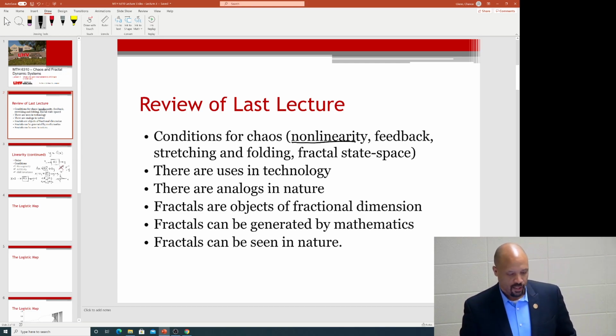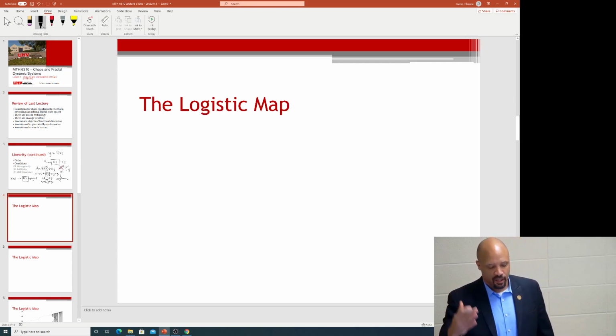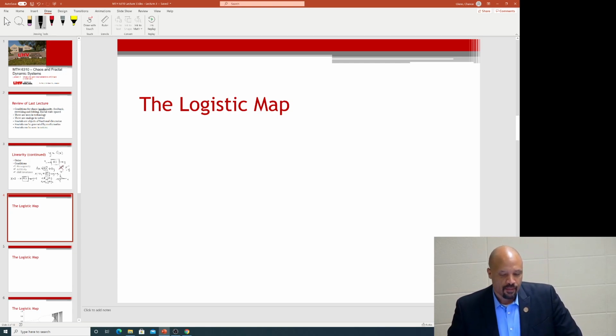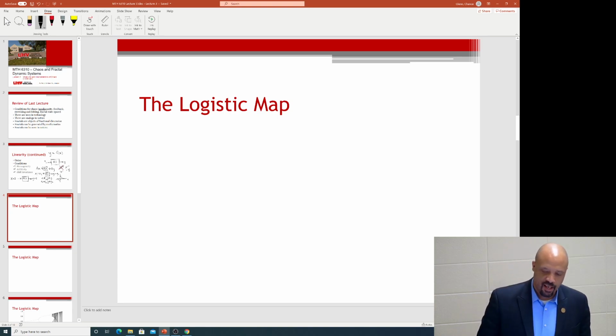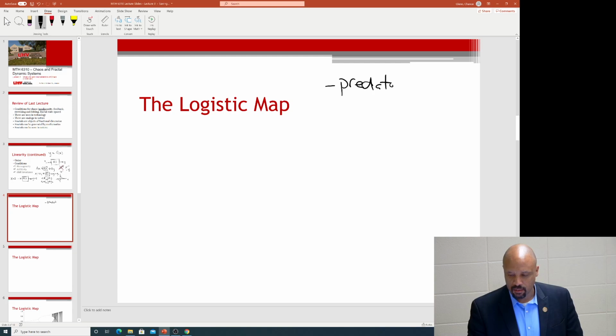Now, I want to take all of this and something that I have you looking at in the homework, and apply it to something. Now, this map is called a logistic map. Well, this was birthed out of a predator prey model.